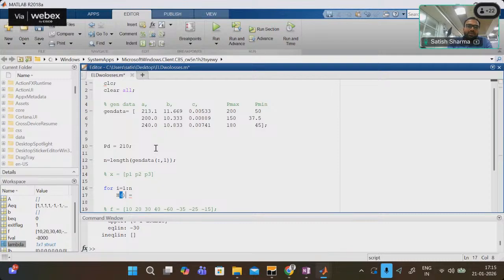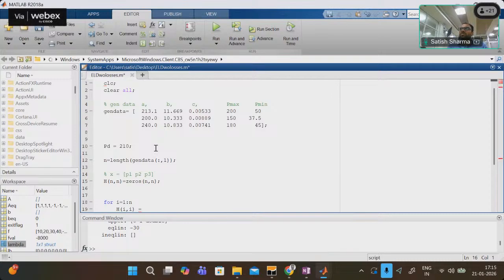it will be a matrix of the size of the number of generators. If there are n generators, it will be an n by n matrix. The i by i element will have a certain value, and the rest of the elements will be 0 for the economic load dispatch problem. So first of all I have to define h. h is n comma n, equals to zeros, a matrix of zeros of size n comma n.